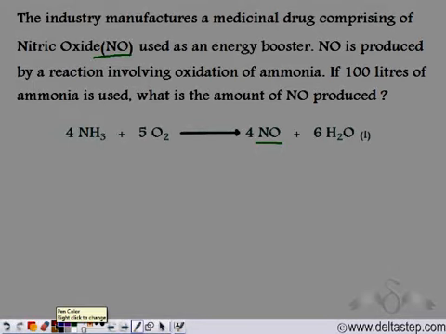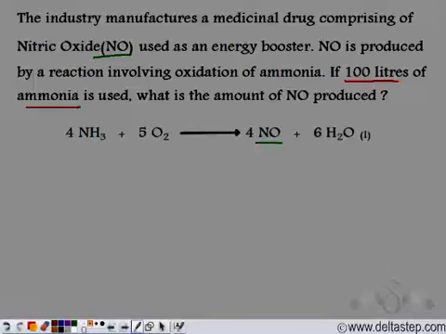So by Gay-Lussac's law of combining volumes, we know that whenever gases react, they react in volumes. So we are given 100 liters of ammonia is used. If we take the ratio of ammonia which is used to form nitric oxide, we see that 4 volumes of ammonia is used to form 4 volumes of nitric oxide.